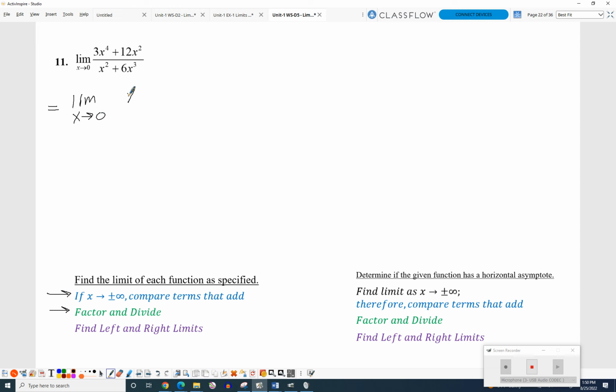I'm going to skip a step here. I'm going to note that I'm going to factor an x squared from top and bottom. So to make the work go a little faster, you can do the same. They won't care. You can separate the factors now, like this. Can we factor 3x squared on the top? The answer is yes.